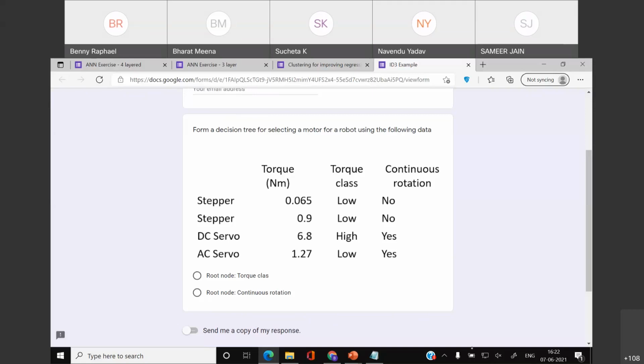I have given only a limited data set, just a few stepper motors and servo motors, AC and DC. But in general, we have a catalog with a lot of data points. To guide the selection of the appropriate motor, we can roughly look at the torque range and the requirement, whether it should be continuous or not. And then we select one of the types.